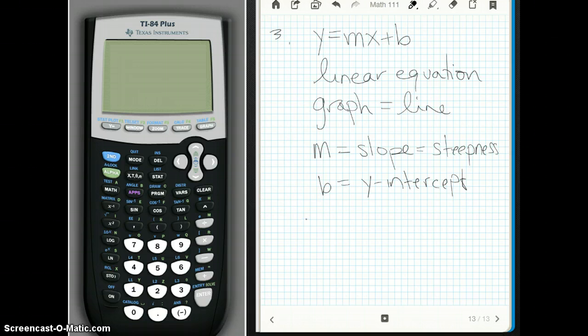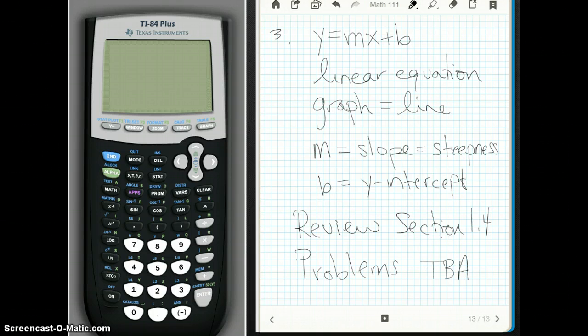If in fact you need to review linear equations, I suggest reviewing section 1.4. And I'll be giving you some suggested problems to review in that section if you think that you do need to review it. So we'll just say problems to be announced.